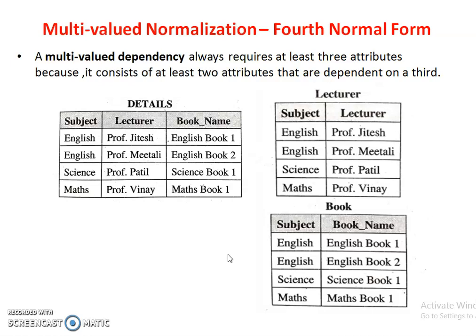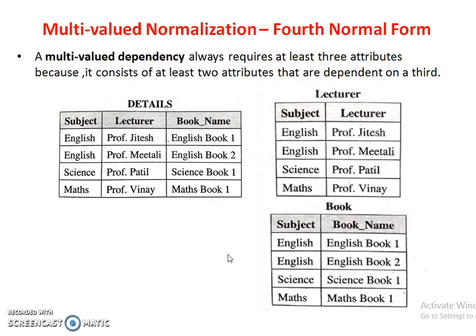Also, in fourth normal form, no multi-value dependency exists in the table, and in Boyce-Codd normal form, multi-value dependency can exist in the table. So fourth normal form is more desirable than BCNF.